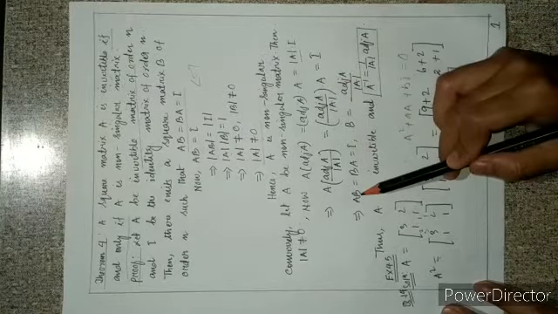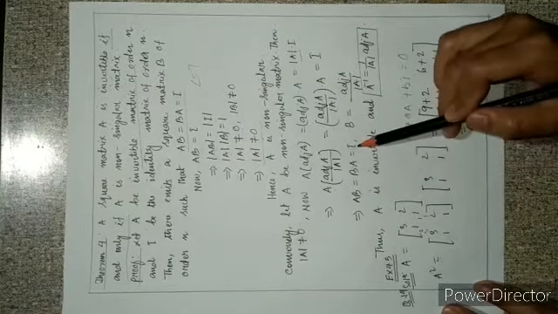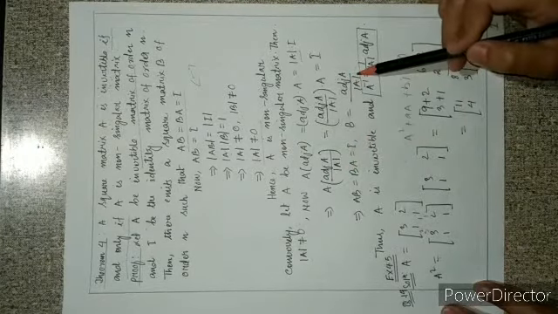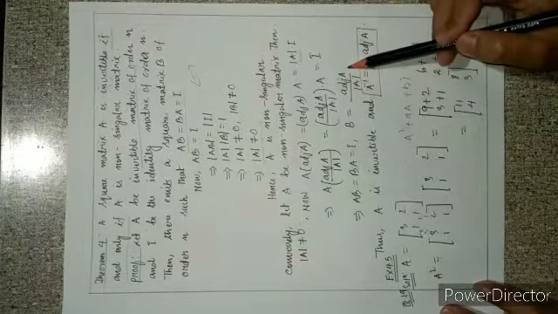So A into B or B into A is equal to I, where B represents this expression: adj A divided by determinant A, which is also a matrix.